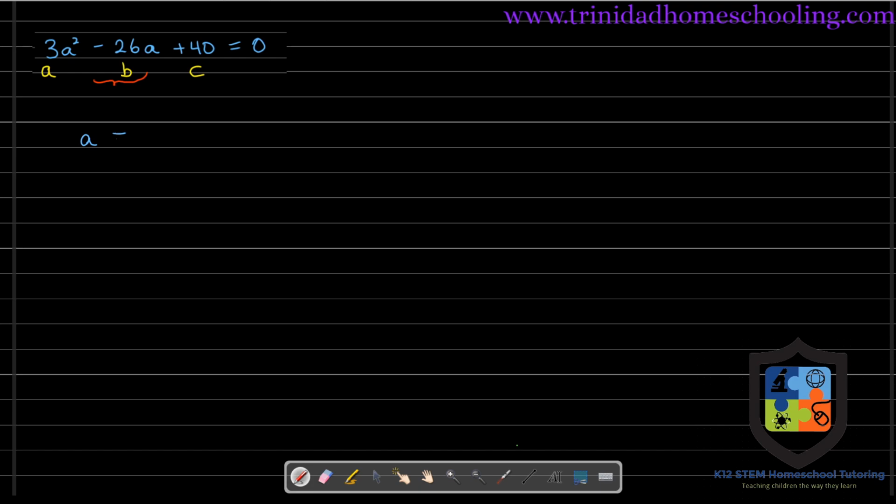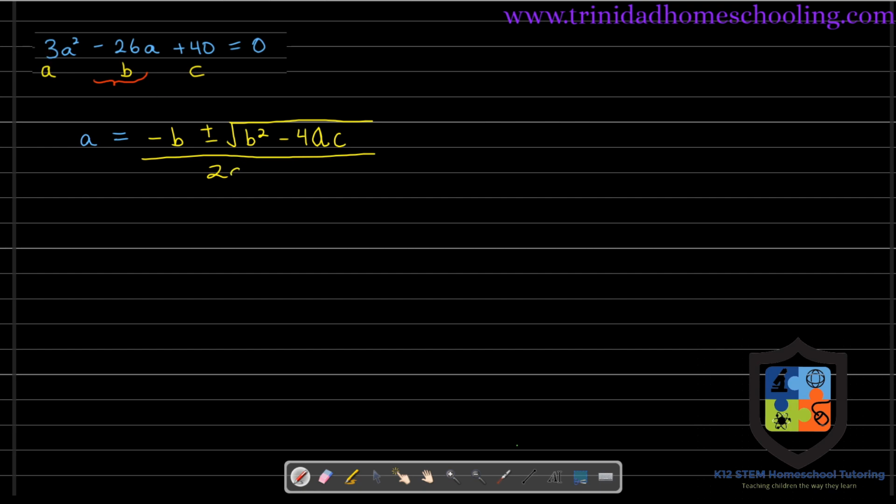This a is going to be equal to negative b, this b here, which is the 26, plus or minus the square root of the same b squared minus 4 multiplied by a, which is this yellow a, which is the 3, multiplied by c, which is the 40, and all that divided by 2 multiplied by a, and your a here is this 3.